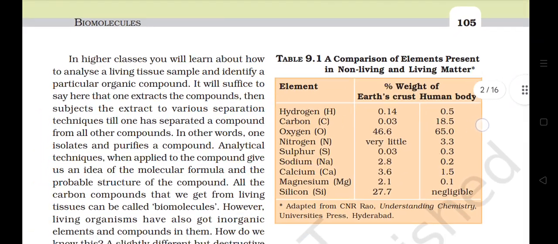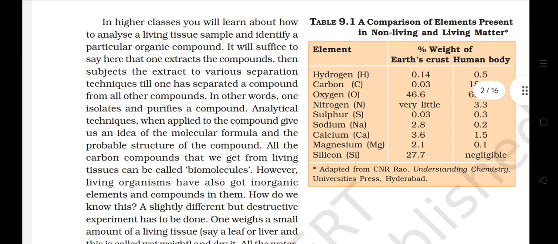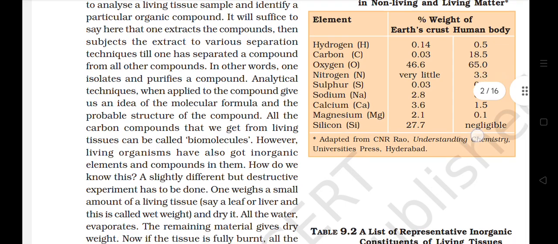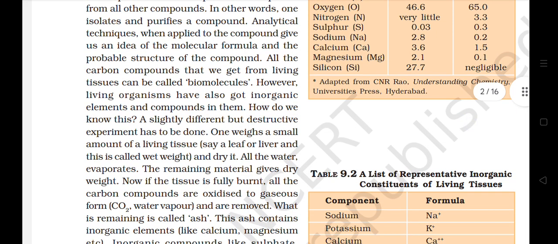In higher classes, you will learn how to analyze a living tissue sample and identify a particular organic compound. It will suffice to say here that one extracts the compound, then subjects the extract to various separation techniques till one has separated a compound from all other compounds. In other words, one isolates and purifies the compound.